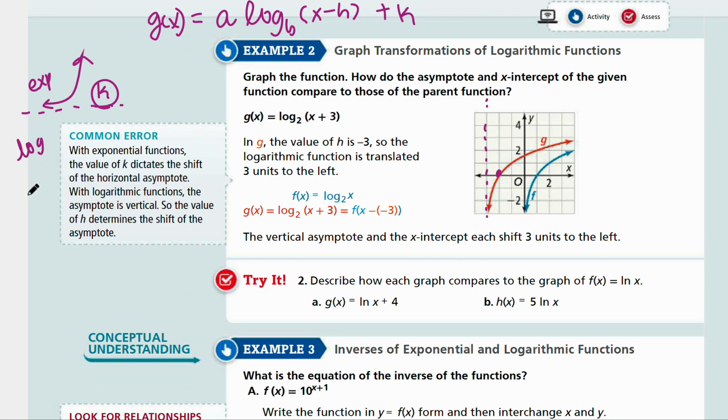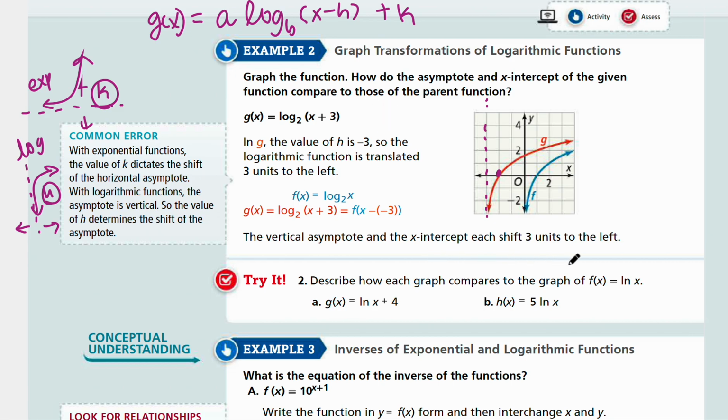Your log function will have the horizontal translation that will move your vertical asymptote left and right, right? Okay, so let's look at Try It number 2.